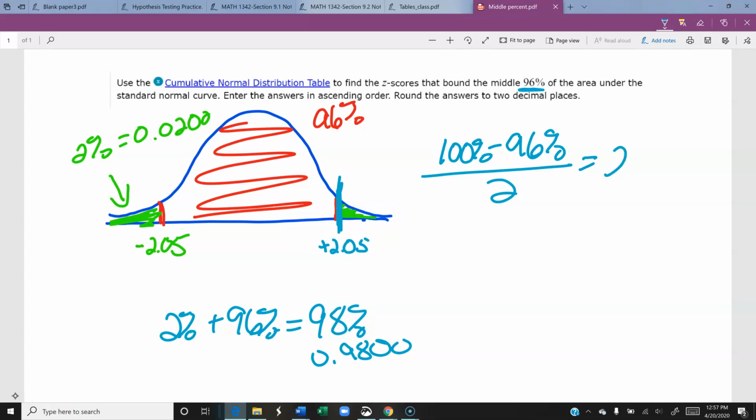And so you get that 2%, change that into a decimal, and then look that up in the center of the chart. Anytime you have a percentage, make sure that you look it up in the center of the chart. And then because you're wanting the middle, these two values should be the exact same, just opposite signs. Okay? If you have questions, please let me know.